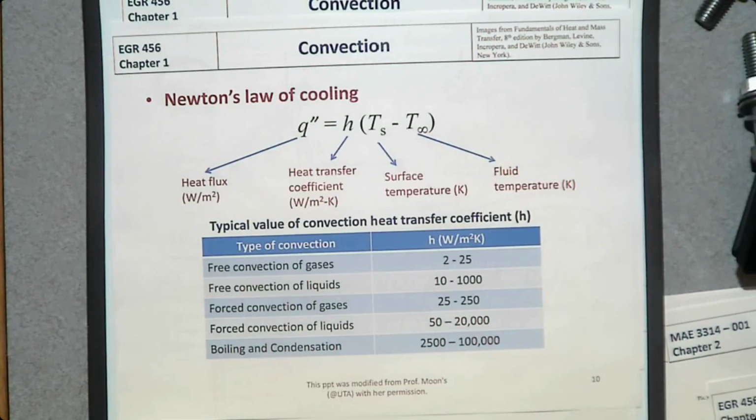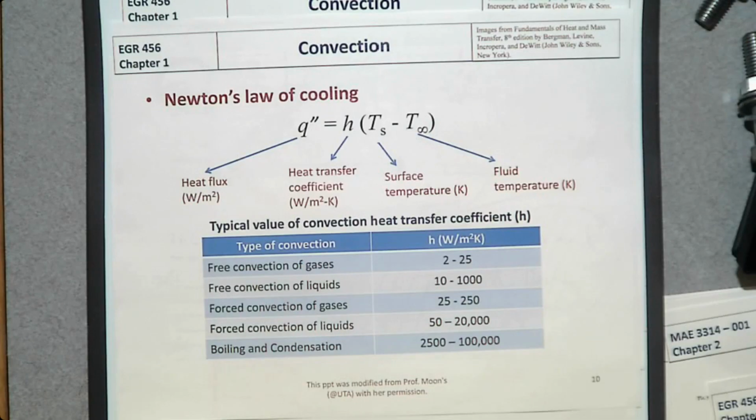So depending on h, we have different convection heat transfers. Do you remember that I told you there was a comparison between jumping into boiling water or going into a dry sauna? You remember that, right? You cannot survive when you jump into the boiling water. But if you walk into a dry sauna, which is at an even higher temperature than the boiling temperature of water, you can survive.